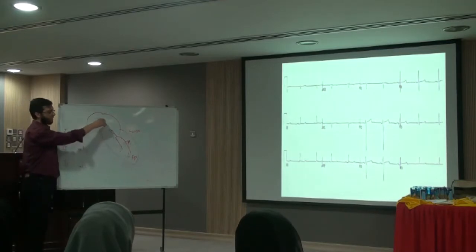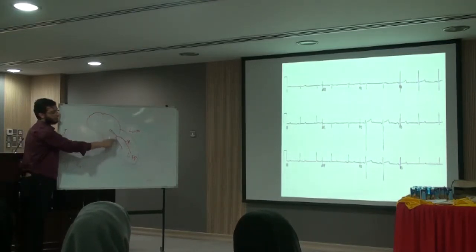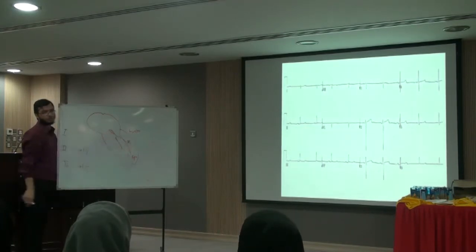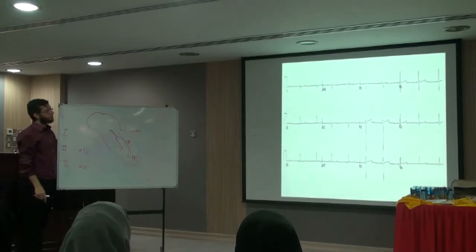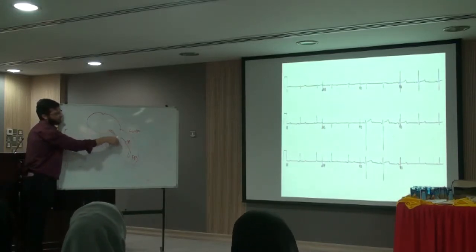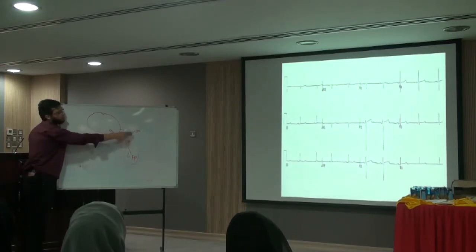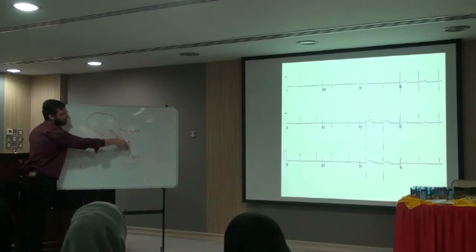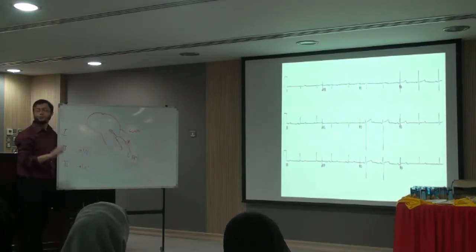What normally happens is that the electrical activity comes to the His bundle, to the right and left at the same time, and the left is supplied like this and like this at the same time. So in this patient, when the electrical activity came to the right, it went well. When it came to the left, it got blocked in this direction and then got supplied well in this area. Agree?